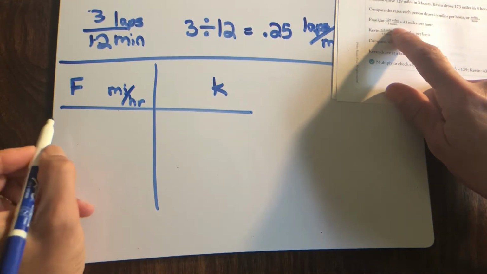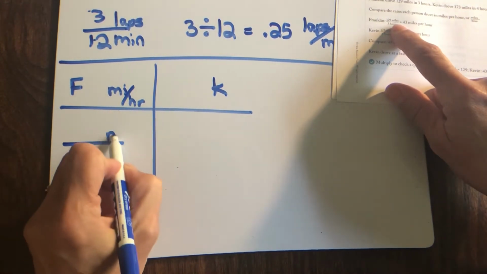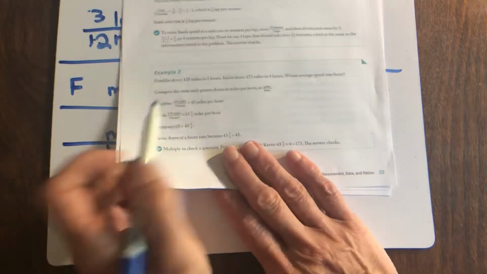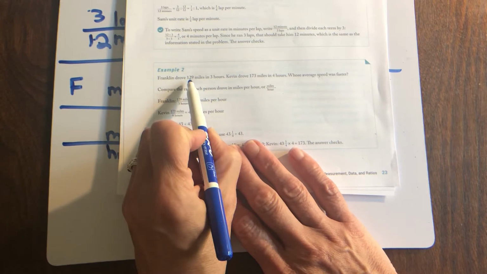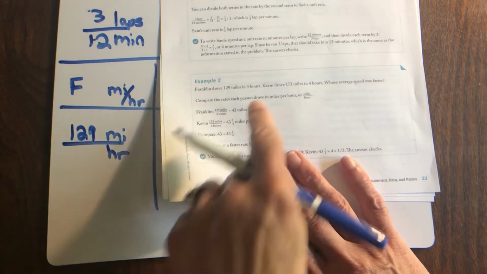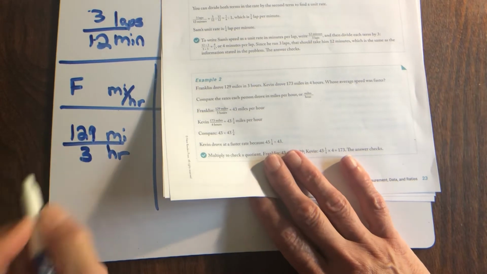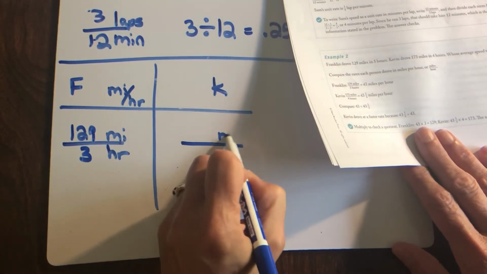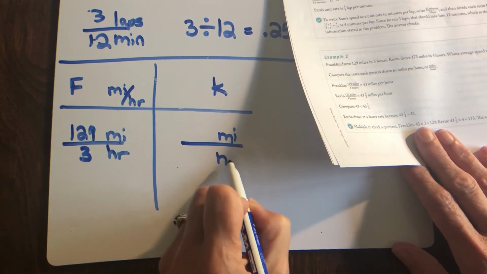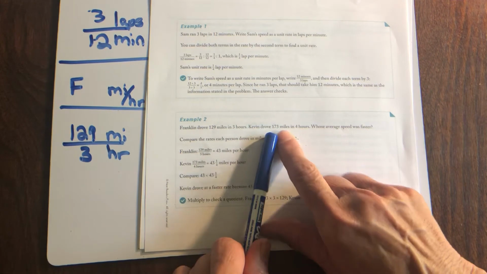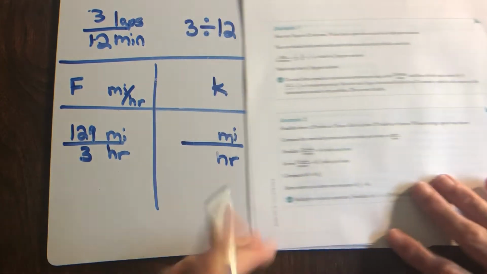So you look at Franklin from our problem here. Franklin drove 129 miles, so it's going on top, in 3 hours, so it's going on bottom. And I'm going to go ahead and set up Kevin. We know that we still need miles and we still need hours, and Kevin drove 173 miles in 4 hours.